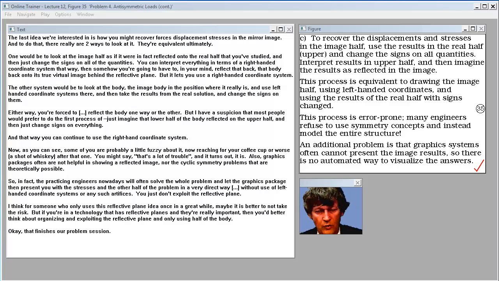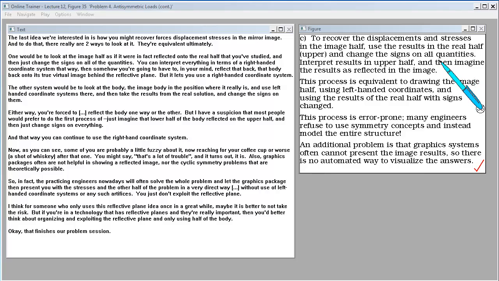The last idea we're interested in is how you might recover forces, displacements, stresses in the mirror image. And to do that, there really are 2 ways to look at it. They're equivalent ultimately. One would be to look at the image half as if it were in fact reflected onto the real half that you've studied, and then just change the signs on all of the quantities.